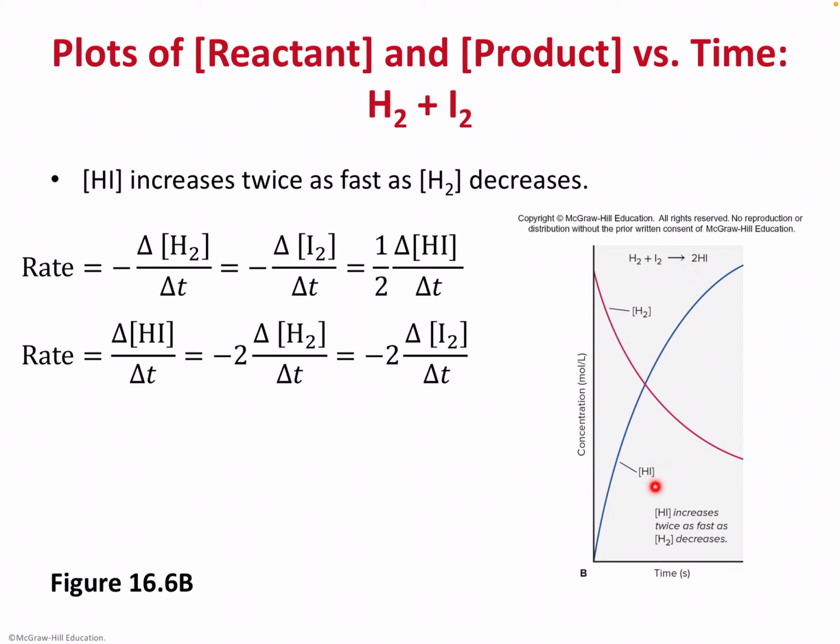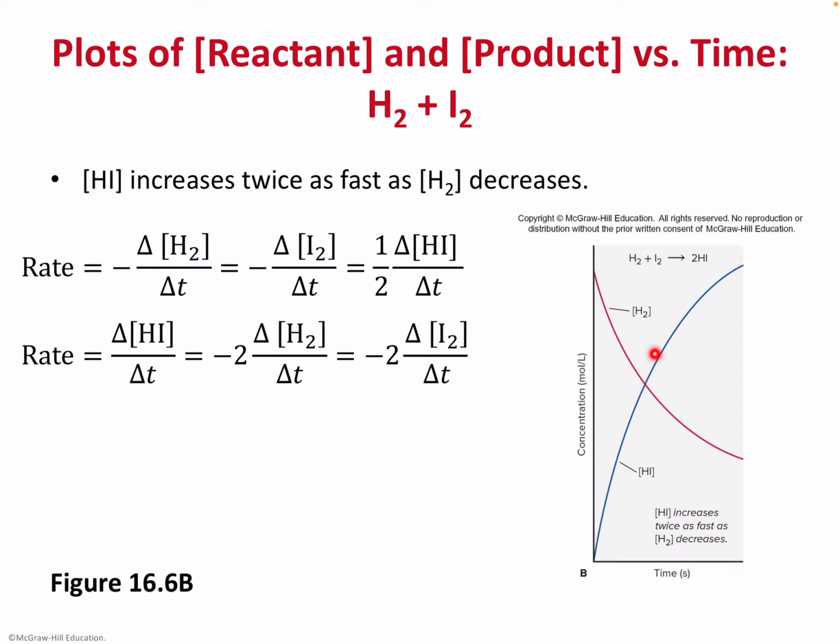That's why you are seeing it over here. Now the ratio is H2 plus I2 giving you 2HI. For each 1 mole of hydrogen and 1 mole of iodine that reacts, 2 moles of hydrogen iodide are produced. So you can see that the curve for hydrogen iodide is increasing more because of the molar ratio 1 to 2. So we have to represent this in our rate law as well.